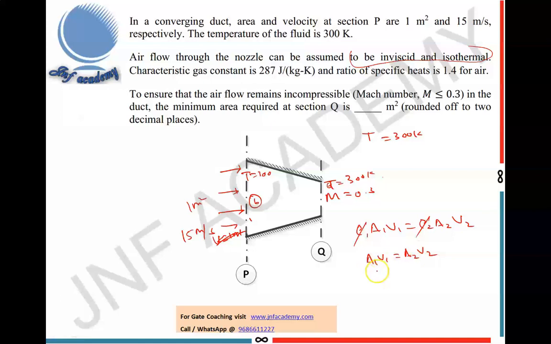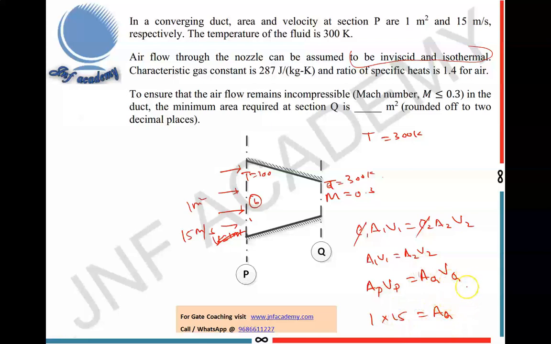If I rewrite this, AP VP at section P is equal to AQ VQ. AP and VP are given, VP is 15. We have to find AQ, but we don't know VQ.